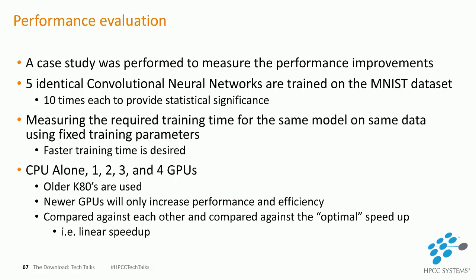I did this on CPU alone, 1, 2, 3, and 4 GPUs to show the difference between using a GPU and not using a GPU, and then showing the increase in performance for each additional GPU. The machine I used was using older K80s, and anything newer would only have bigger performance increases.